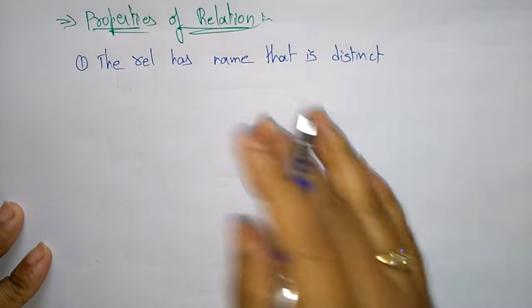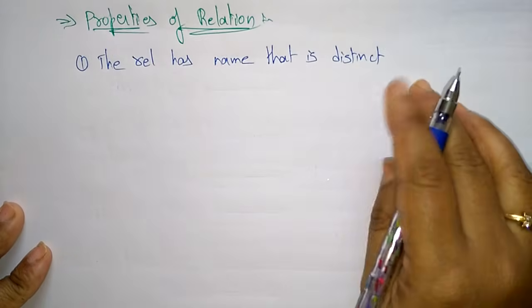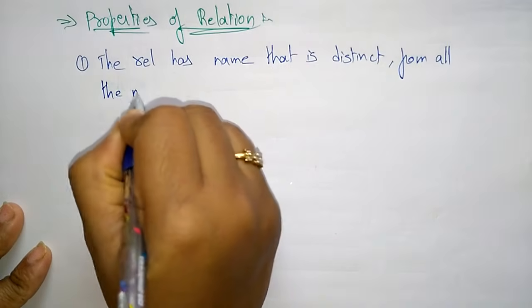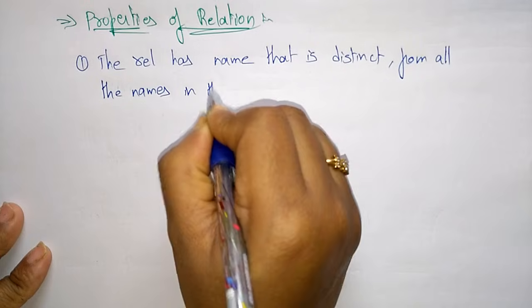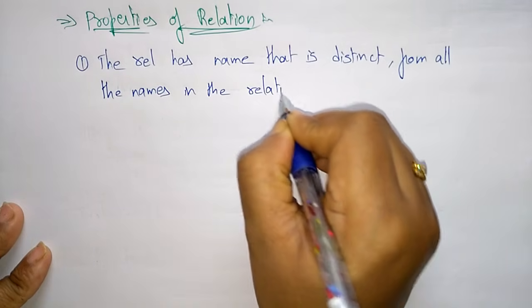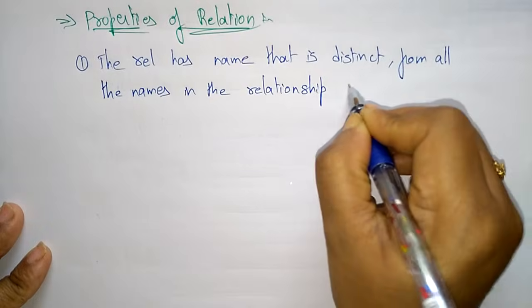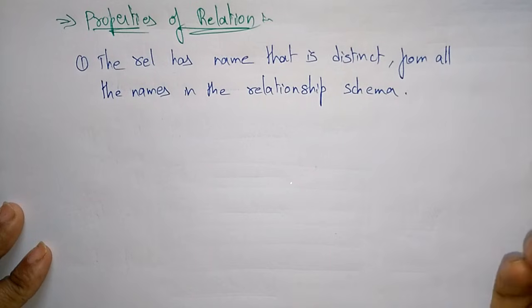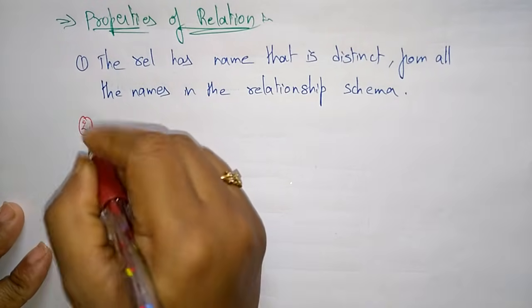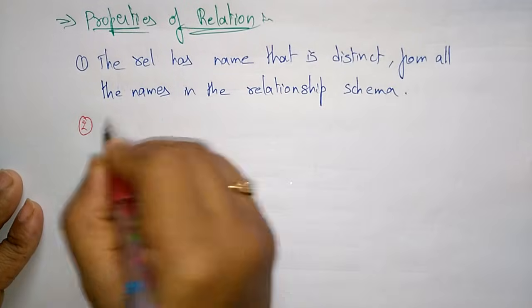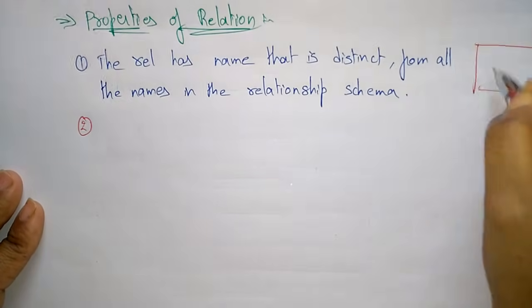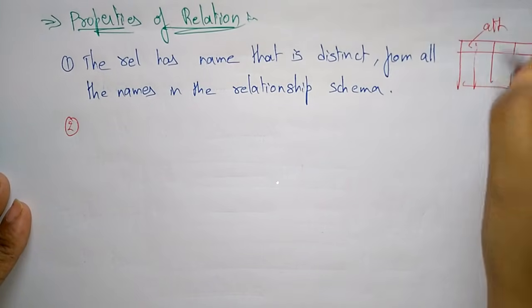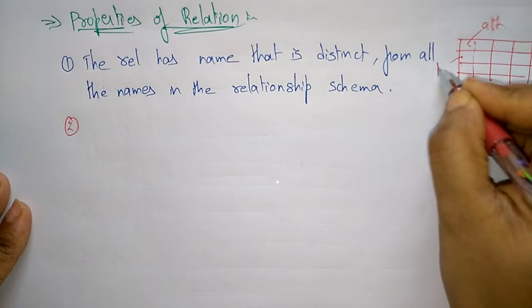The relation has a name that is distinct from all the names in the relational schema. Meaning in the complete definition, you have to declare each table with a different name. Next point. Each cell of the relation; this is a table, and in the table you have the attributes, and here these are the tuples.